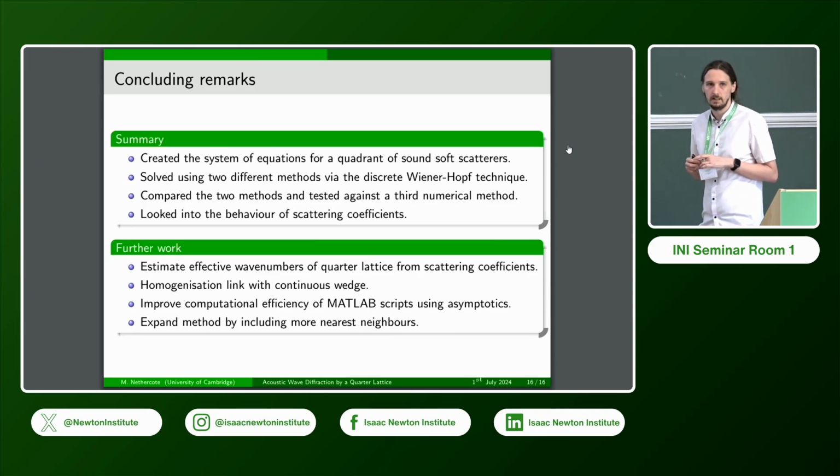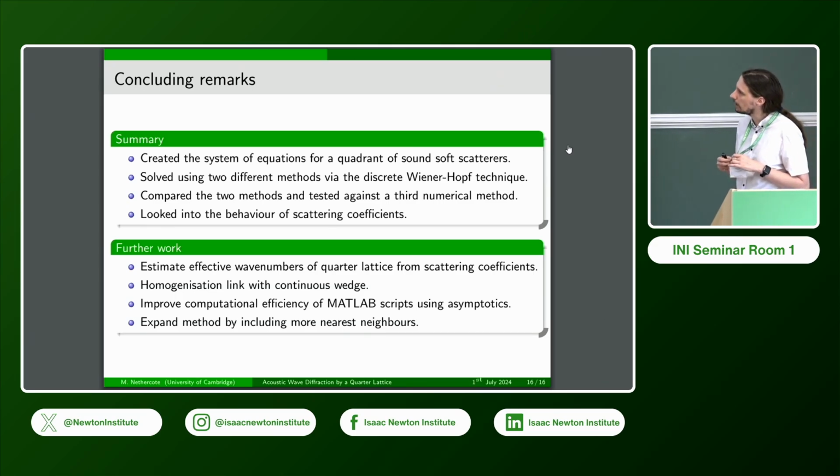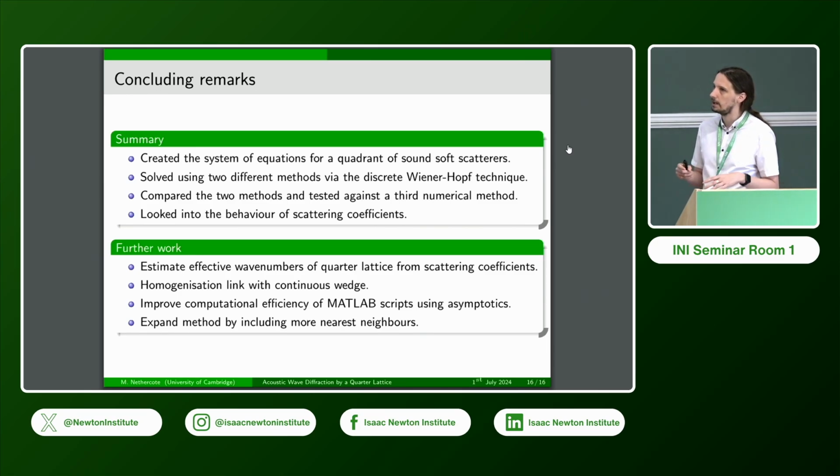And lastly, we can also try to expand this method so that we include more layers of nearest neighbors. I think this will lead to some very interesting mathematics, although I'm not quite sure at the moment if there will be a cost-effective benefit when it comes to computing the final solution.